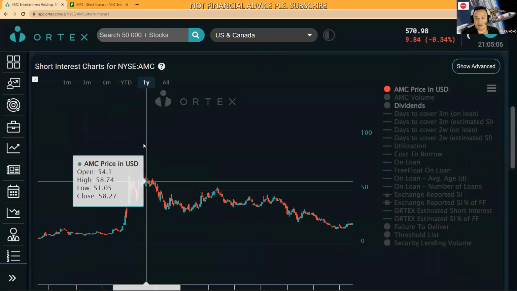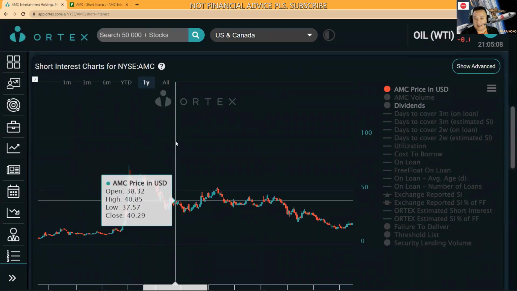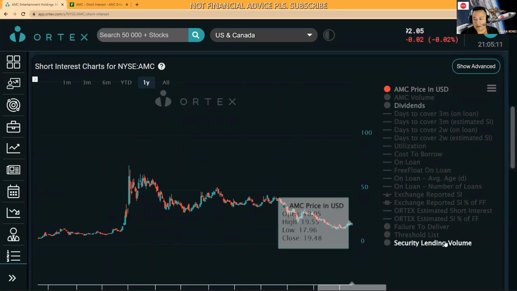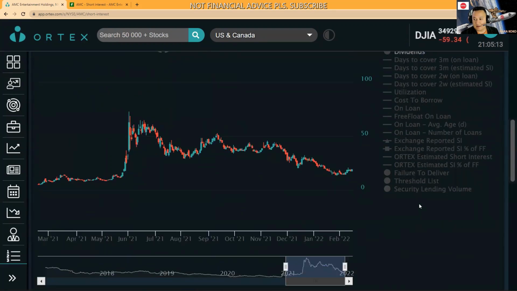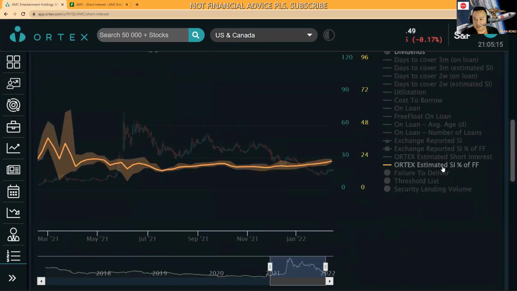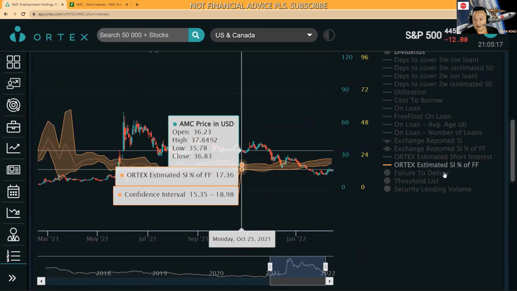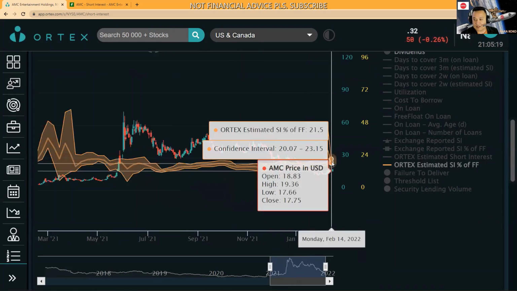Okay. So what happens is, if you look at the short interest of float, as you notice right here, it is really about 23%. Okay, so this is February 14, which is yesterday.